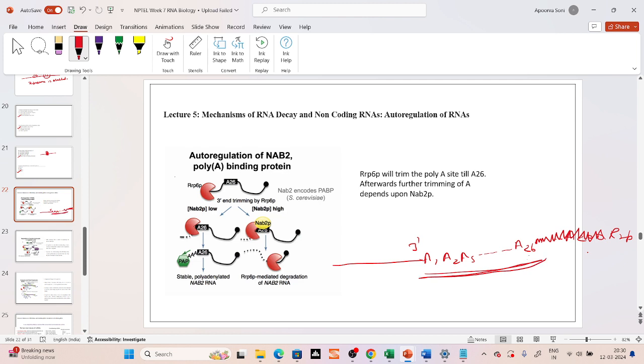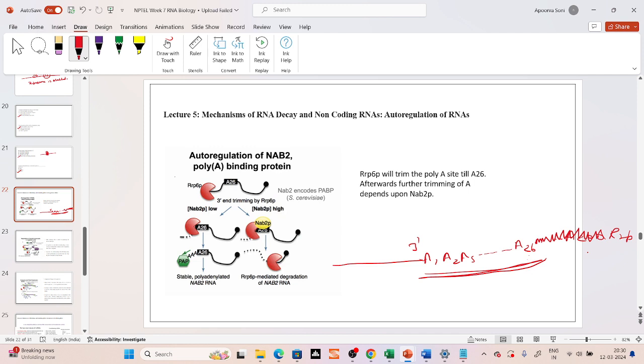Now whether it has to cleave all the remaining 26 A's or not, it will depend on the concentration of NAB2 protein. If NAB2 is low, then what happens? There is no degradation. What does it mean?